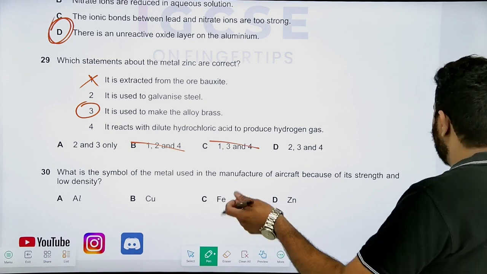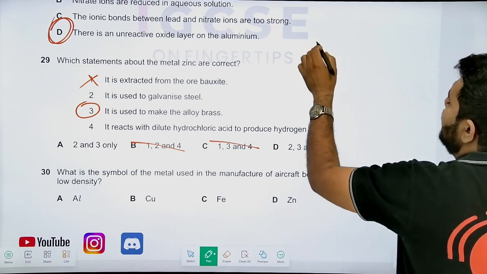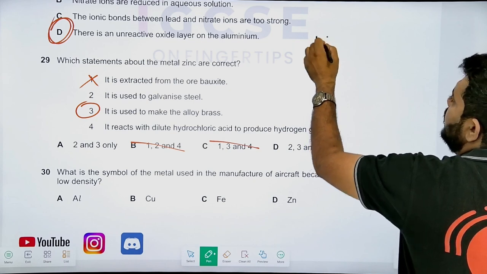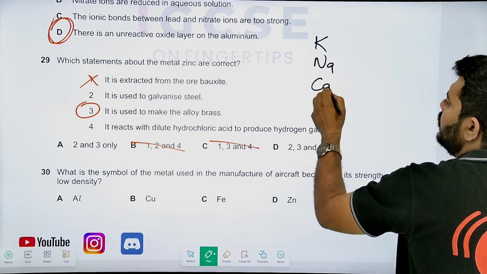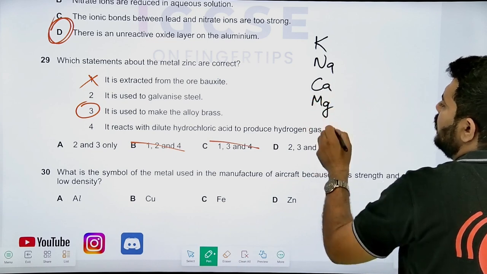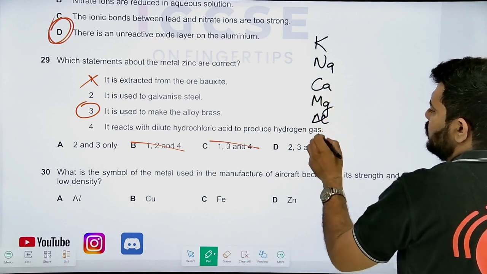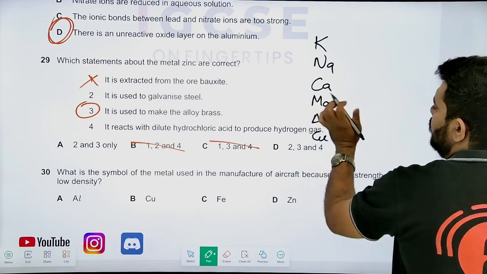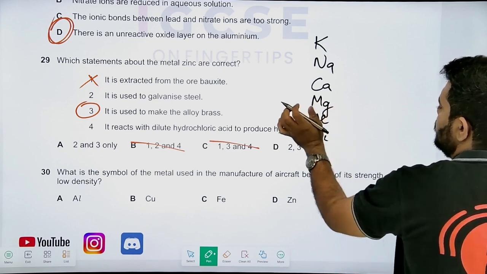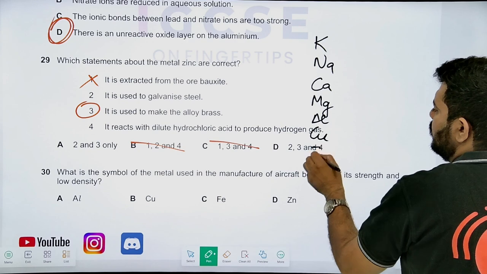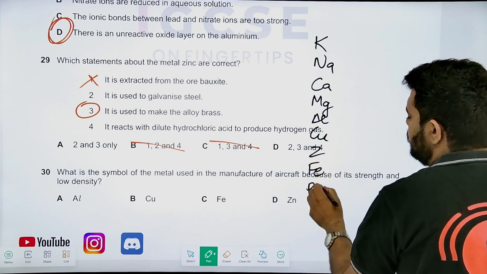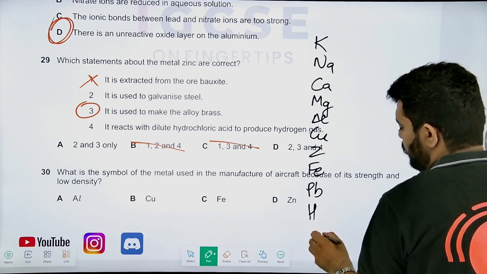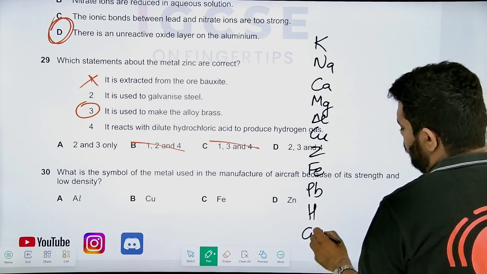Let's remember the reactivity series. I remember it like this: please stop calling me a cute zebra, instead learn how copper saves silver gold.